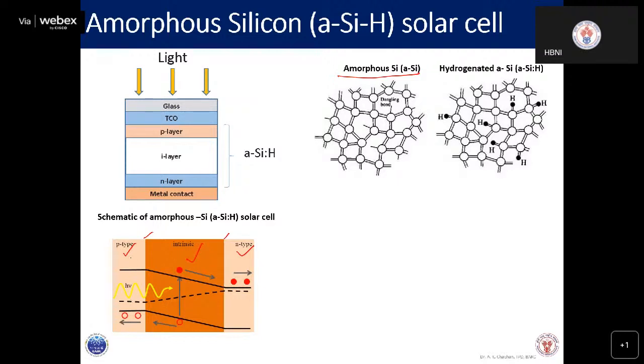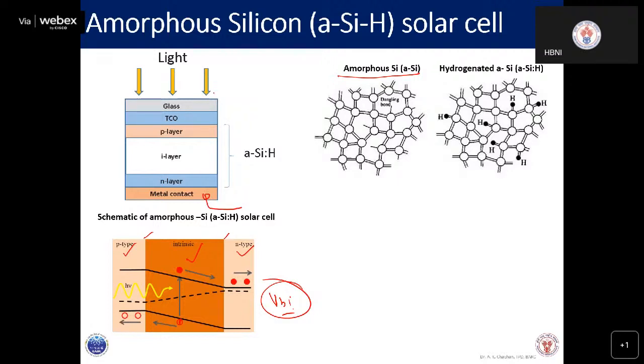Because of this p-type and n-type material, a built-in potential is developed, and when the light falls, an electron hole pair is generated, and under this V_BI or built-in potential, these electron and hole pairs are separated. And these are then given to the external circuit.